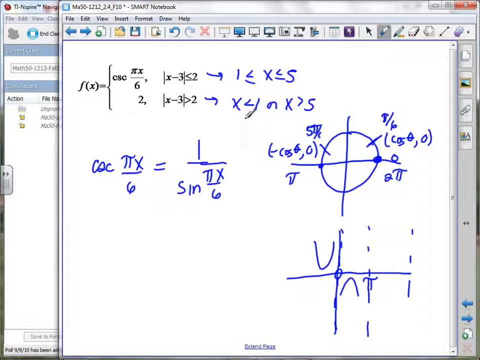Sine of pi x divided by 6 is equal to 0 there. Well, let's see here. Is that useful in this part of this piece? It's not our concern. None of our concern. We're only concerned in the interval from 1 to 5.